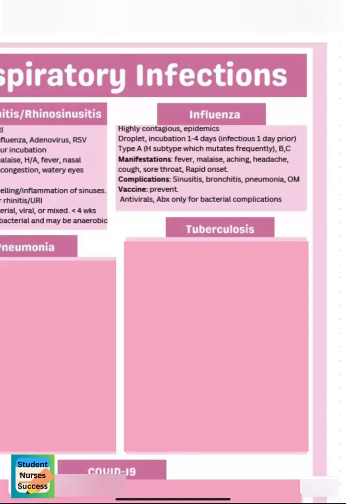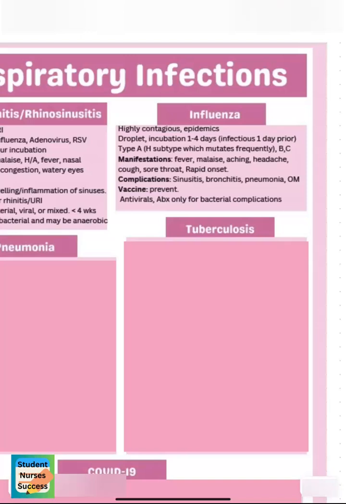Now, people generally are infectious about a day prior to having full-blown symptoms. So that's problematic because that's hard to stop an outbreak, because you may not even know that you are sick. There are different subtypes of influenza. Type A is probably the more difficult subtype because it includes the H, which mutates very frequently.